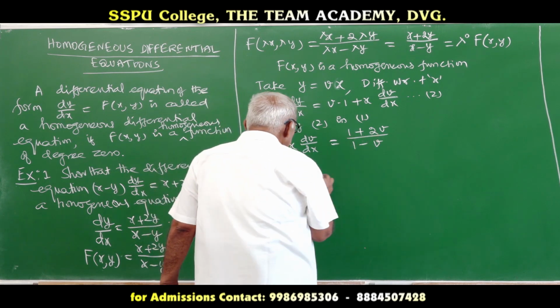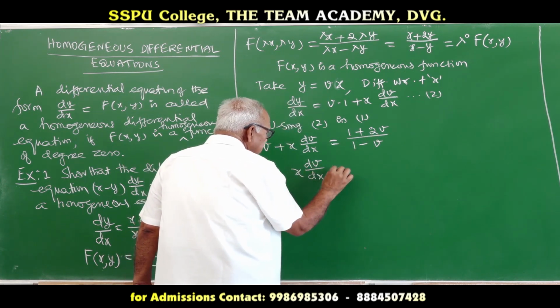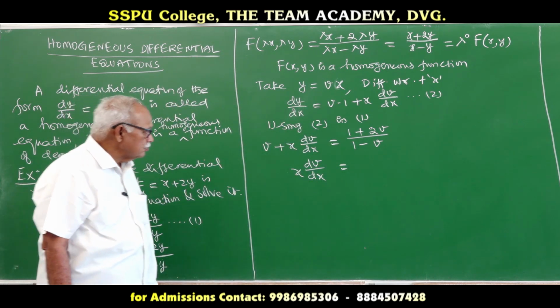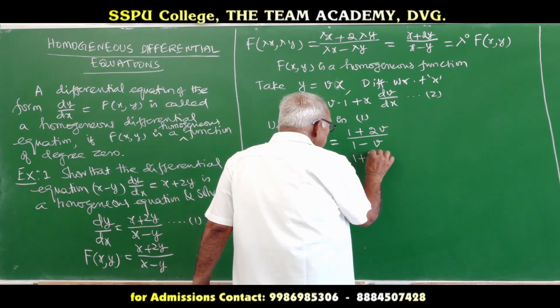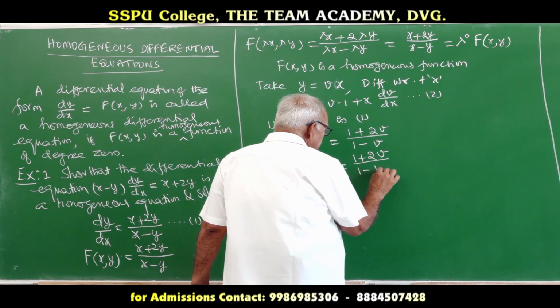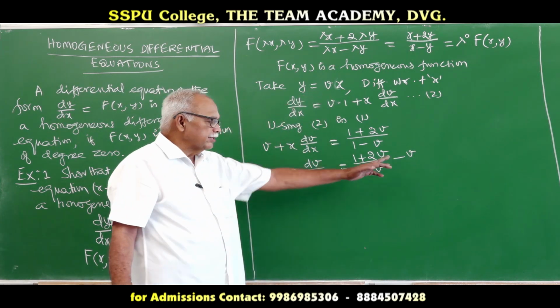So, let us simplify this equation. x into dv by dx is equal to 1 plus 2v divided by 1 minus v minus v. So, this v we have taken to the other side.